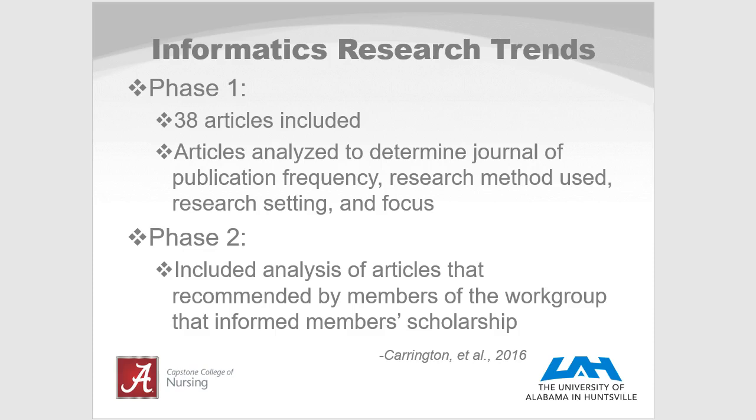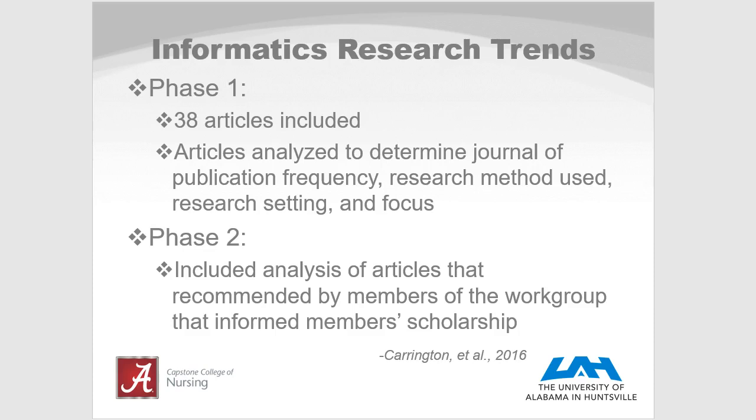This was in the Computers Informatics Nursing Journal, and they had multiple phases, as you can see here, and they identified 38 articles that were specifically about nursing informatics. They determined the journal publication frequency, the research method used, the research setting and focus.